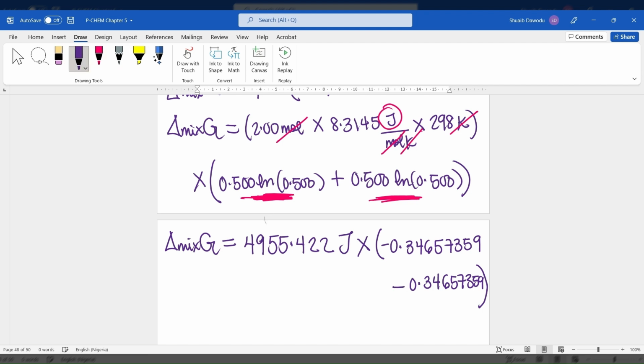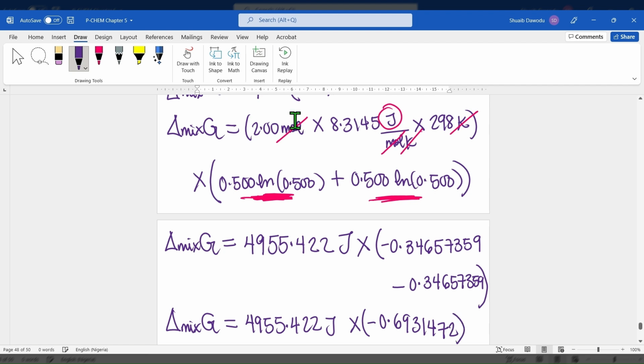So change in Gibbs energy of mixing is simply going to be 4955.422 joules multiplied by negative 0.34657359 minus 0.34657359. It's just basically multiplying the value by 2. You are adding the exact same thing, but with a negative sign. So you end up with negative 0.6931472. So that's basically what that is.